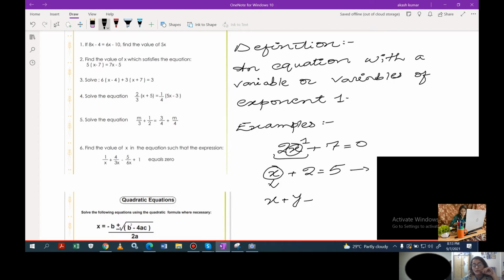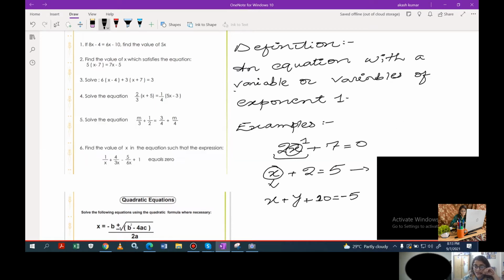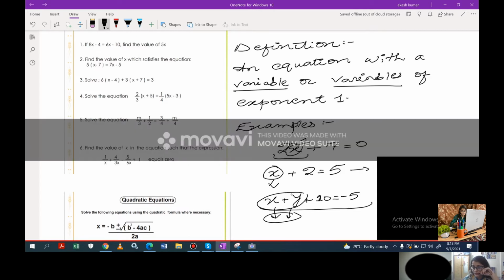x plus y plus 10 equals minus 5. Is this equation an example of a linear equation? It says it can have one or more variables. So in this equation, we have two variables, x and y, and both variables have a power of 1.